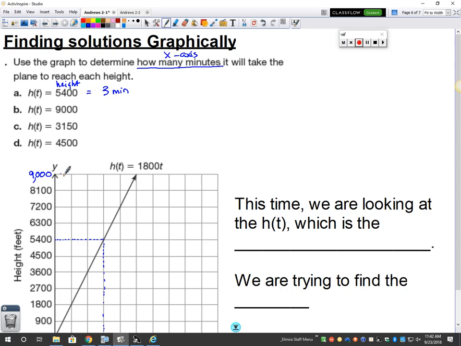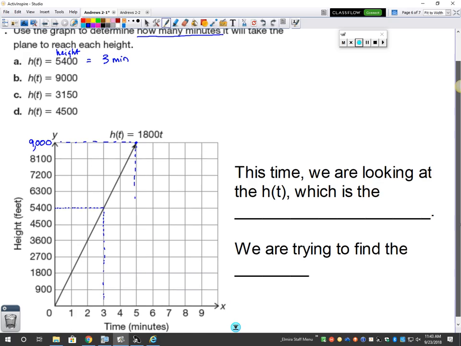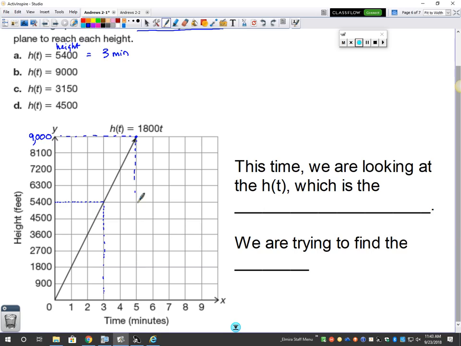So when I followed this across, following across and then following down, I can see that appears to be about 5 minutes. Okay, now I use the little squiggly to denote that it's about 5 minutes.